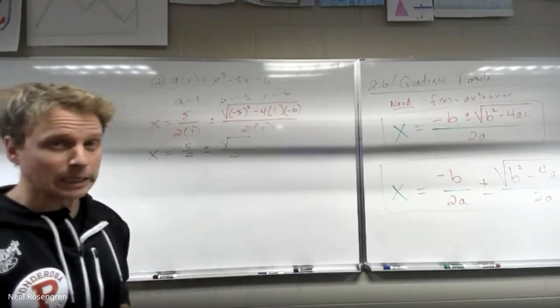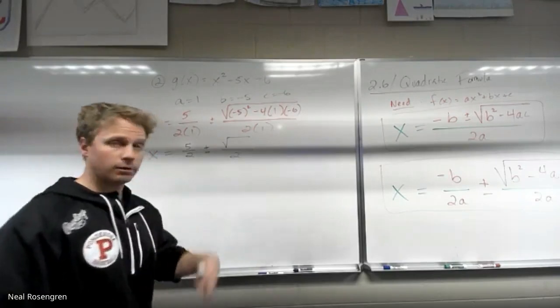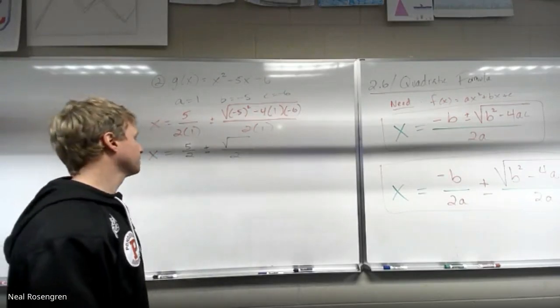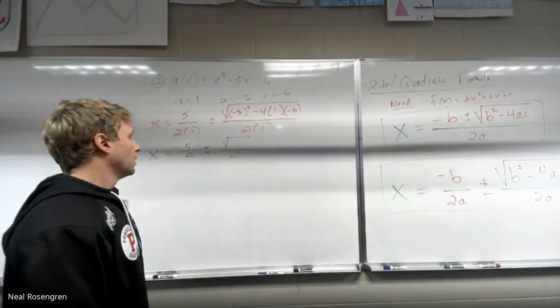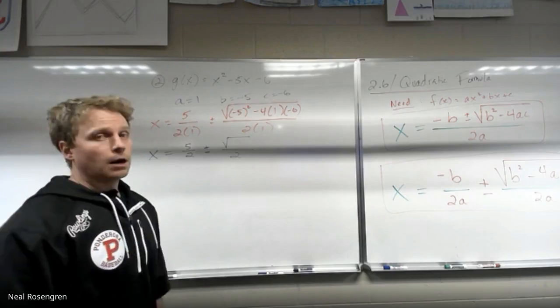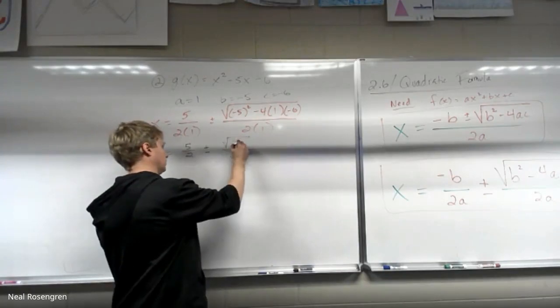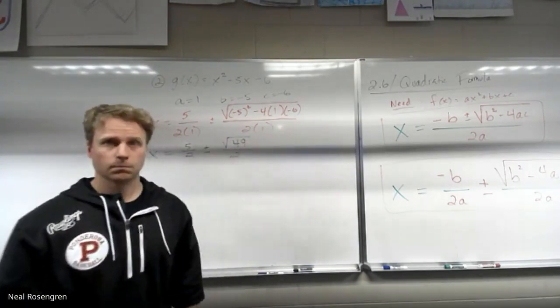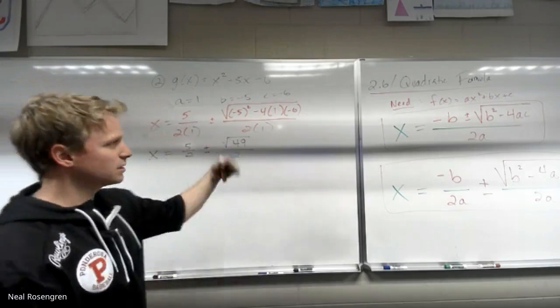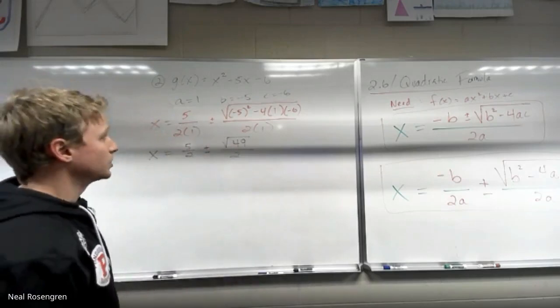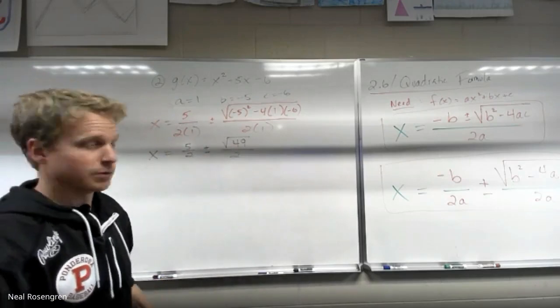But what you'll see, if you type all of this in, you get 49. Right, you type all that stuff in under the square root. You get 25, because -5 times itself is 25.